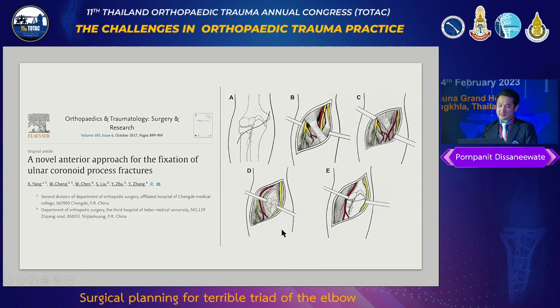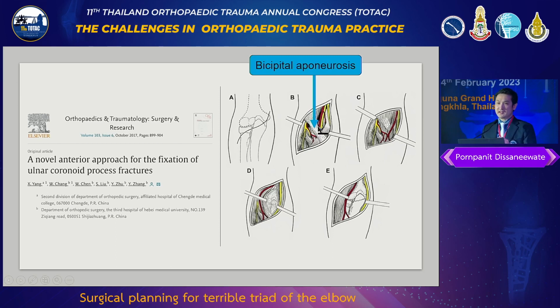For those who are not familiar with the anterior approach, I will quickly review it. You can find it in this journal, in this article. This is a free article, so you can access it. So first, in this article, they did the lazy S curve incision like this, and when you go inside, you will see the biceps aponeurosis.